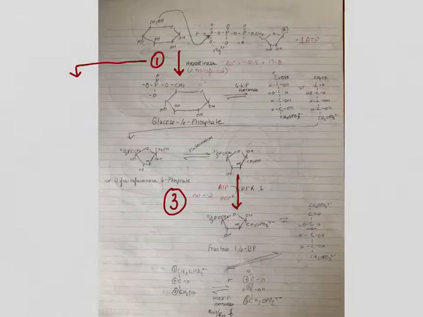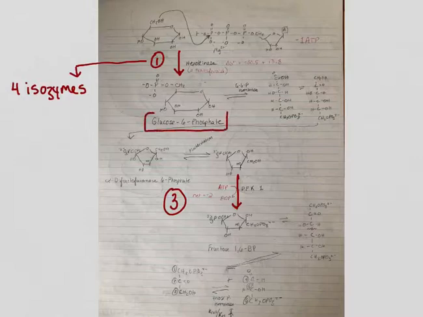In fact, there are 4 isozymes of hexokinase. Most of those isozymes, at least isozymes 1 through 3, are feedback inhibited by product. Glucose 6-phosphate is a feedback inhibitor of hexokinase, negatively down-regulating that enzyme.